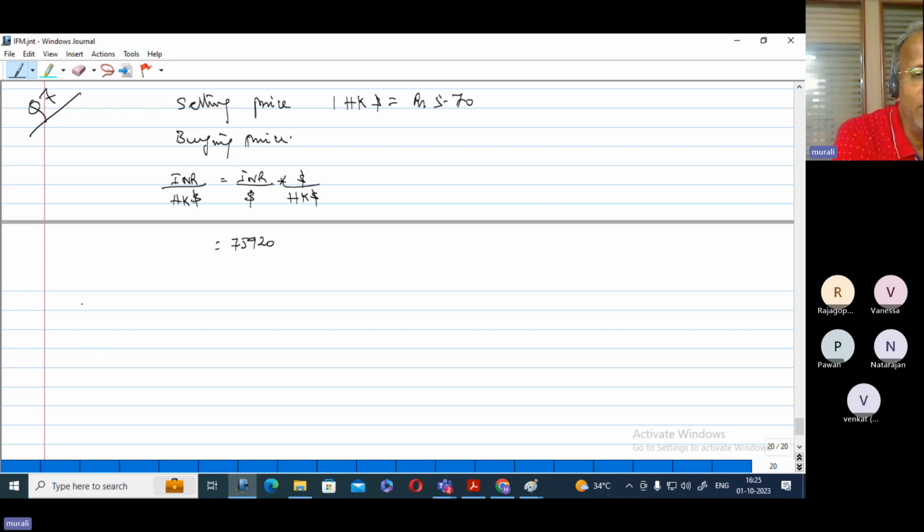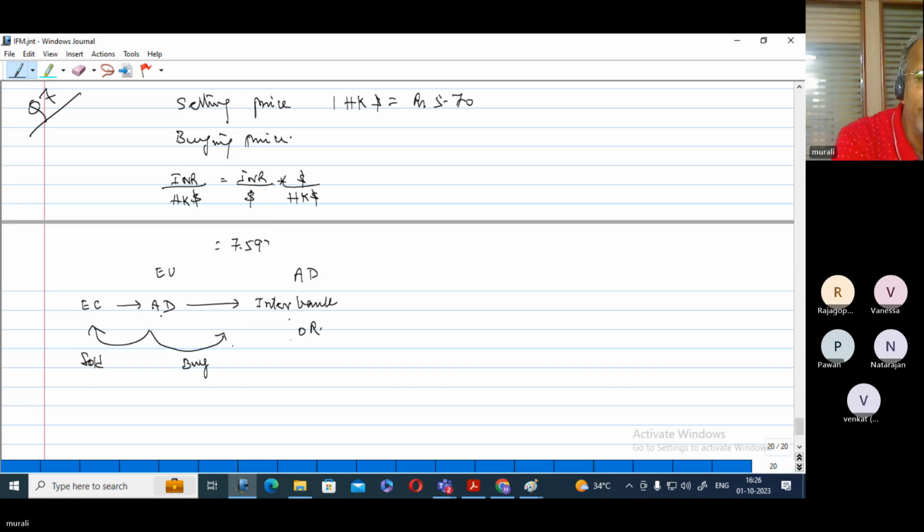So you have the end customer, you have the authorized dealer, you have the interbank. The authorized dealer sold, so the authorized dealer needs to buy. Now this becomes the authorized dealer and this becomes the end user. So when this person is buying, he will buy only at the offer rate. Therefore, the offer rate of 7.5920 is what we have taken up. Correct?